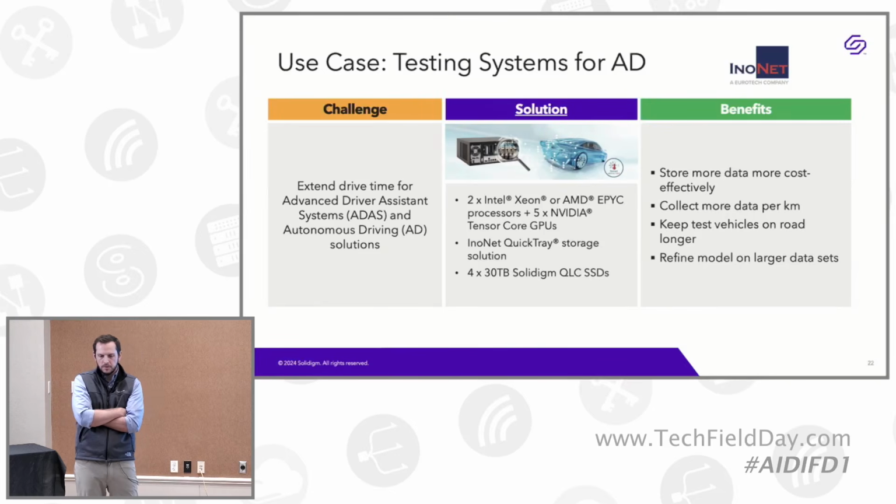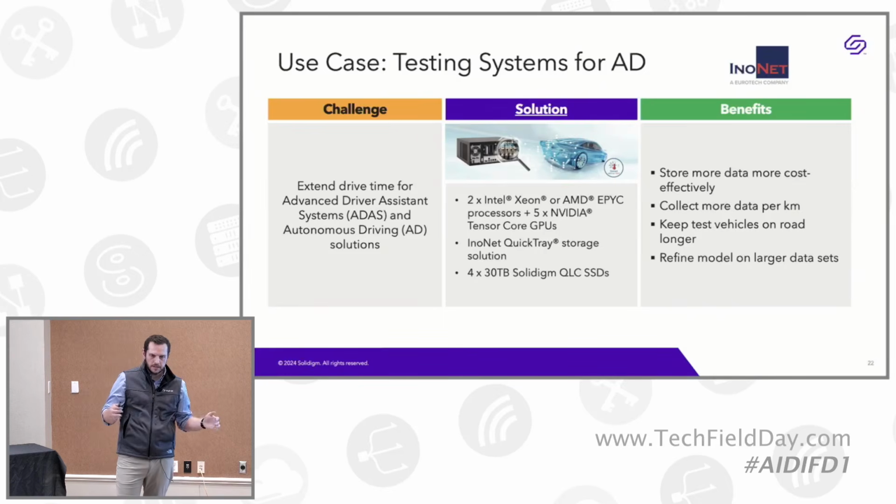So this was an engagement where we put 30 terabyte QLC drives into the processors in the car. Because of storage density, we were able to save them some money and collect more data on the road, so higher granularity in the data that they then fed into their models.